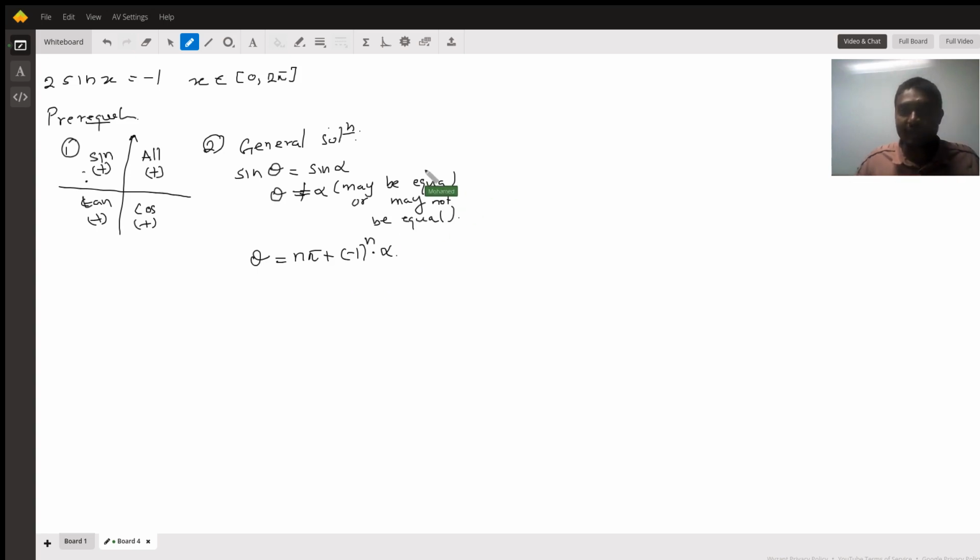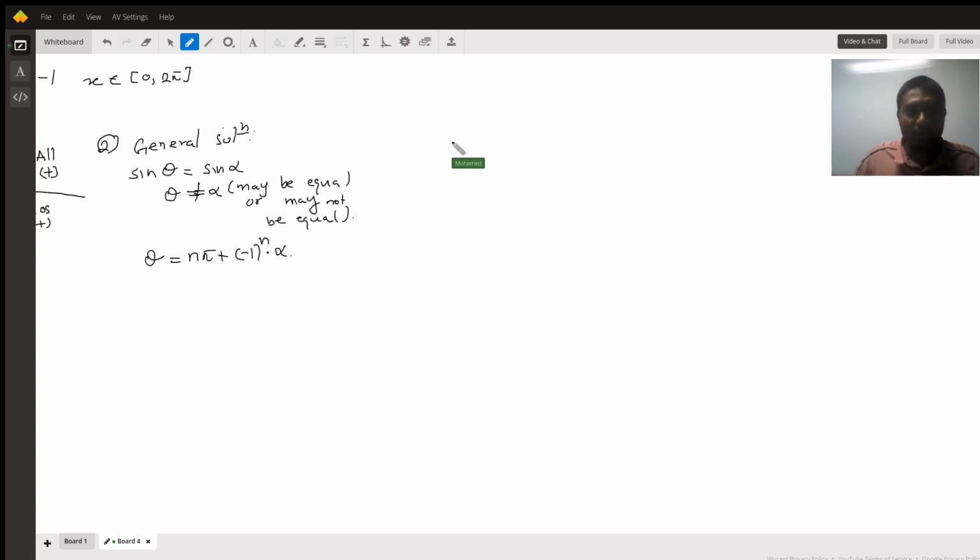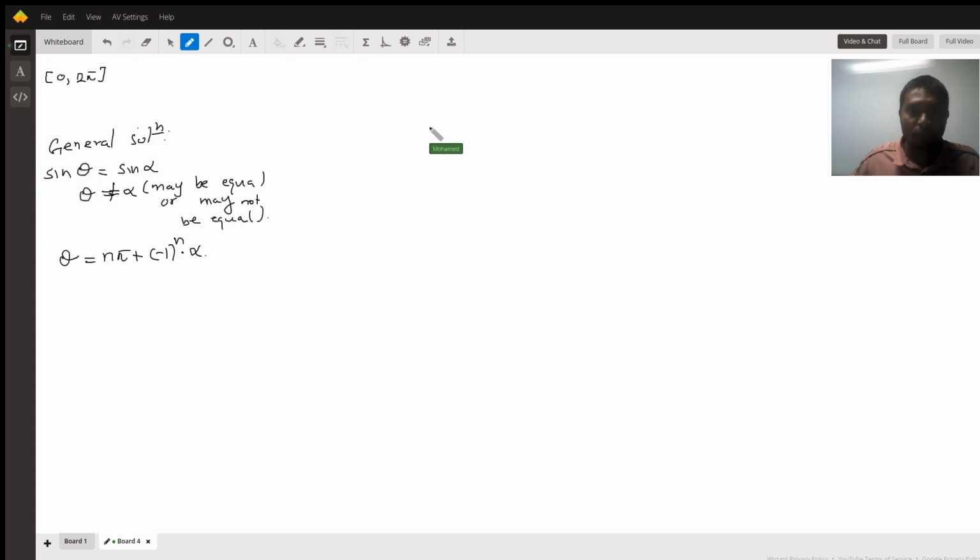Okay, so let's dive into this problem. We have 2 sine x equal to -1, so sine x equals -half.